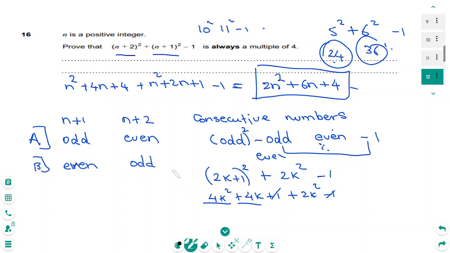Because they are consecutive numbers, if one is odd and I subtract 1, then I have an even number. You can see here I expanded both of the brackets, and I came to an expression 4k squared plus 4k, plus 2k squared, and then I prove that this can be divided by 4, so it is a multiple of 4.